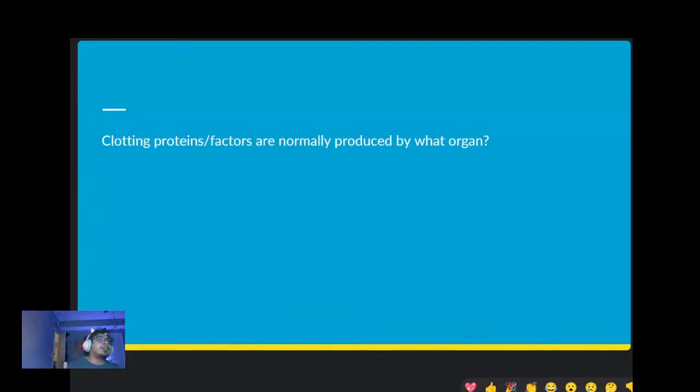Okay, clotting factors or proteins are normally produced by what organ? Nako, ilang beses na natin yan pinag-usapan, class. Pag hindi nyo nasagot yan, nako, paktay ka talaga, guys. Ano sagot dyan, Gracie? Paktay na. Spleen na naman. Hoy, hindi. Hindi spleen. Dexter.